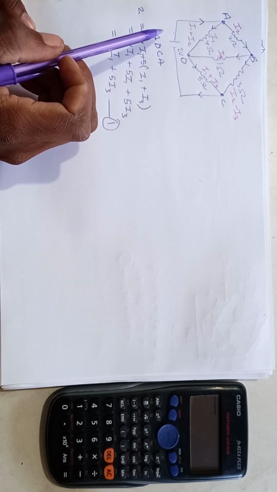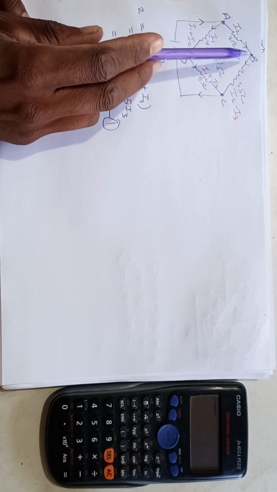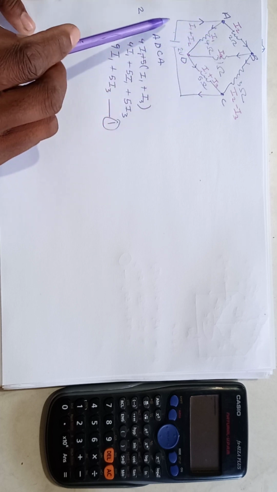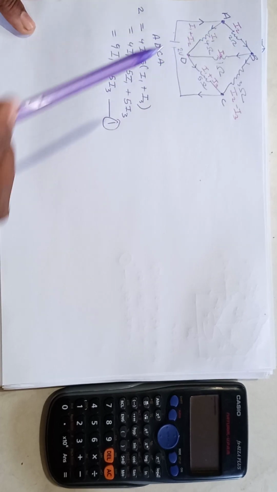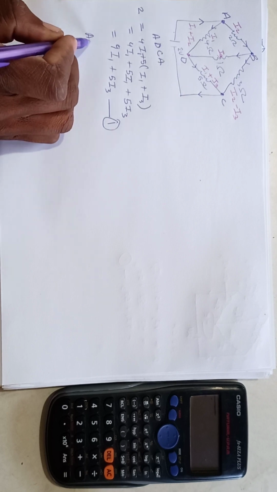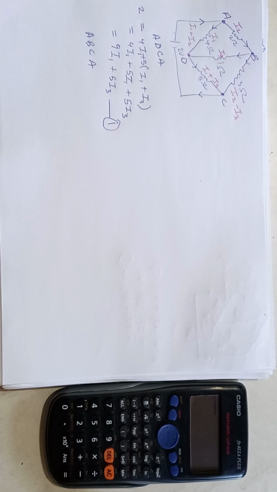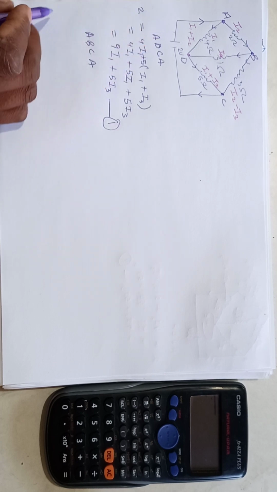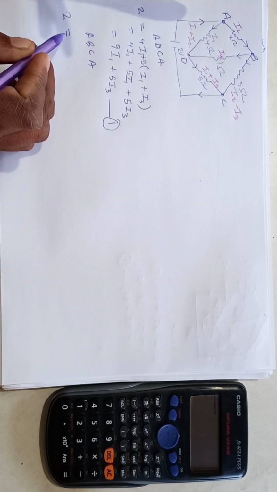Which loop should we take now? Let's just take A, B, C, A. So that means we are taking this loop if we don't include D. On this loop, we have the cell again, which is 2 volts, and we are going out now.